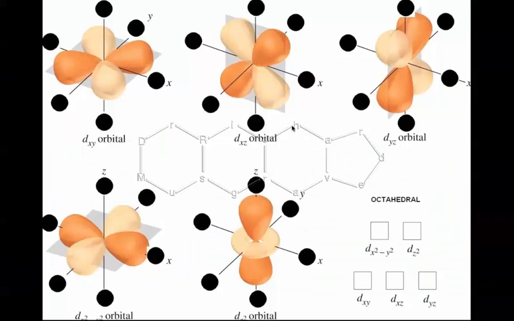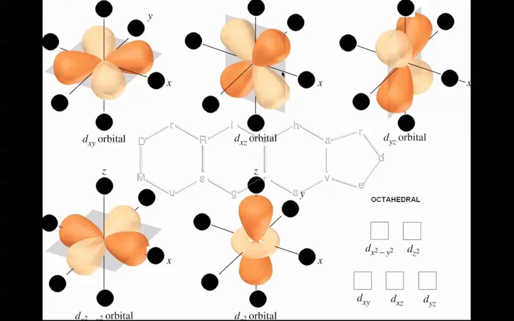So these are the 5 d orbitals, and remember that orbitals are just places where you can expect to find electrons. And for example, in the dxy orbital, you expect to find the electrons between the x and y axes in this kind of shape. So they're not along the axes, they're lying in between the axes, and that's kind of important.